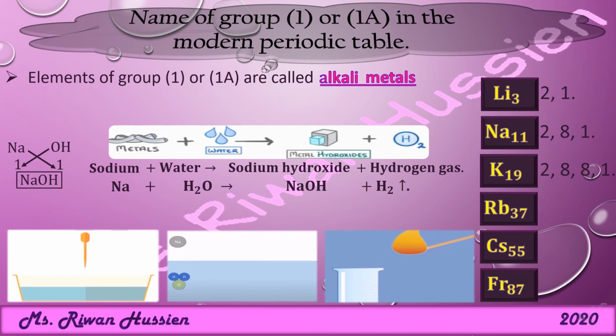In our example, on the left-hand side of the arrow, there is 1 sodium atom, 2 hydrogen atoms, and 1 oxygen atom. While on the right-hand side of the arrow, there is 1 sodium atom, 1 oxygen atom, and 3 hydrogen atoms. So, our equation is not balanced.